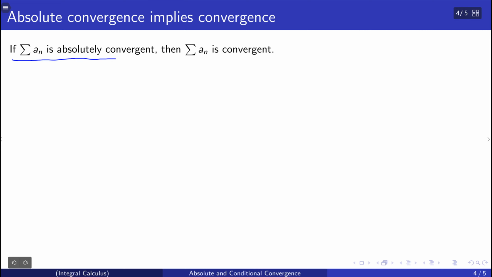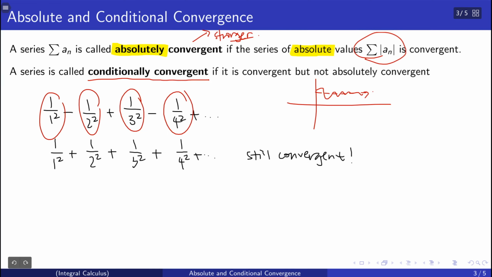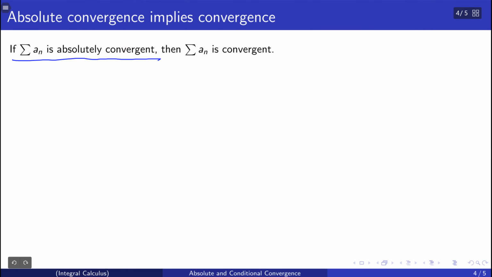What does it mean if a series is absolutely convergent? It doesn't actually tell you anything about the original series, but it tells you something about the series of absolute values. So, here's the proof.